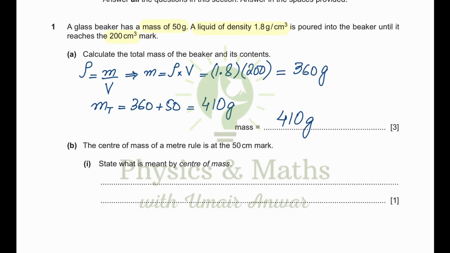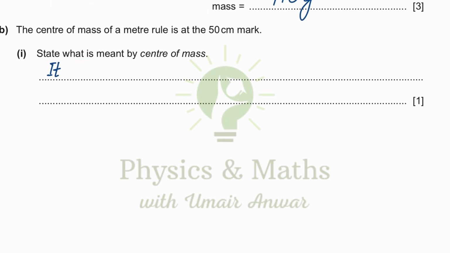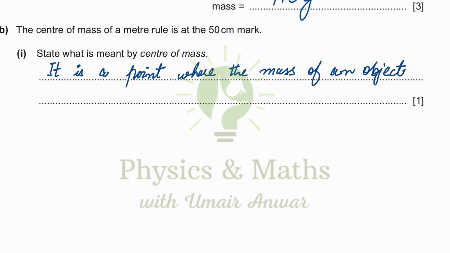Now the next part says the center of mass of a meter rule is at 50 centimeters mark. State what is meant by center of mass. It is a point where the mass of an object appears to be concentrated.